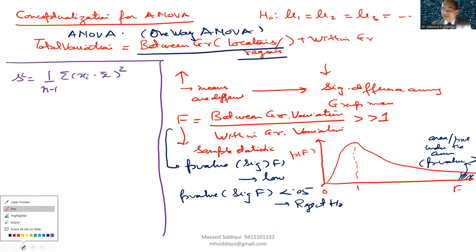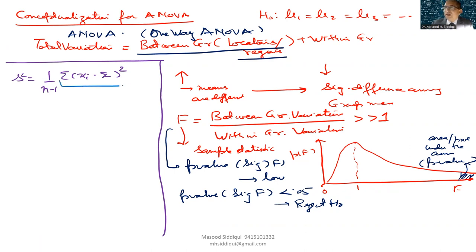If we discuss this formula, this part is known as the sum of squares, and this is known as the degrees of freedom. And it is approximately being termed as the mean sum of squares. Okay, so now we will be discussing this.